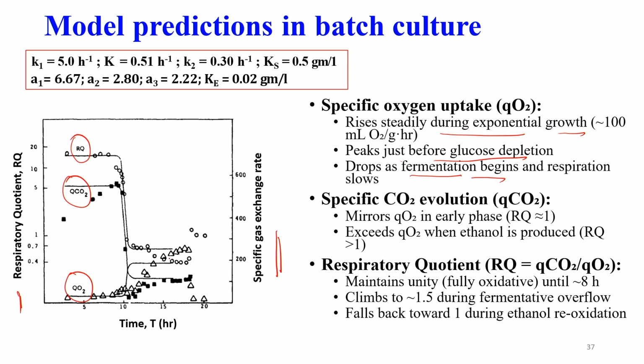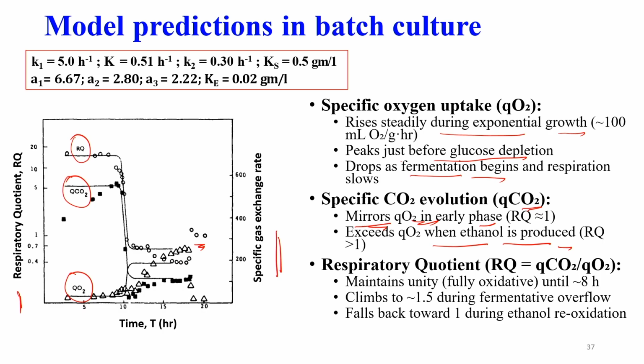It increases, then stops here. Similarly, QCO2 simply follows the reverse of QO2. You can say it mirrors QO2 in the early phase. It was increasing and then decreasing, and it exceeded the QO2 value during the fermentation phase here. That's it.